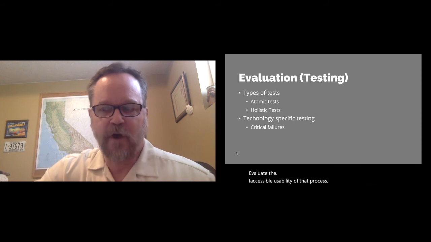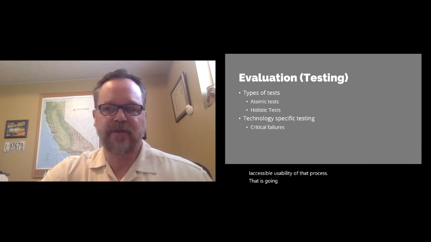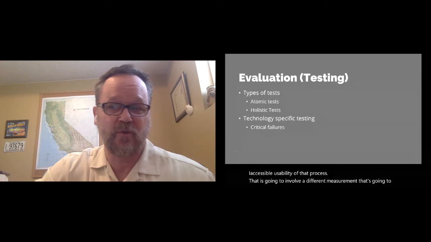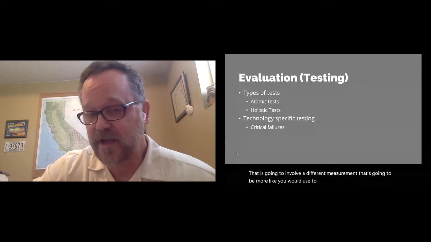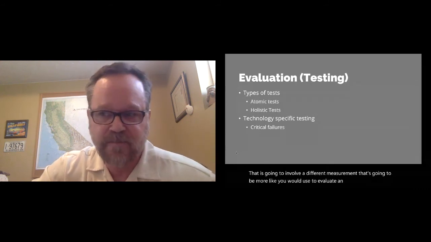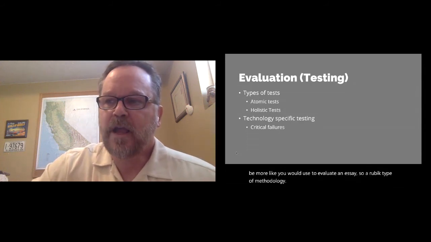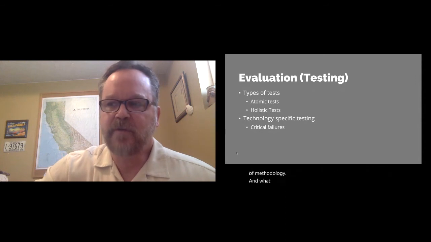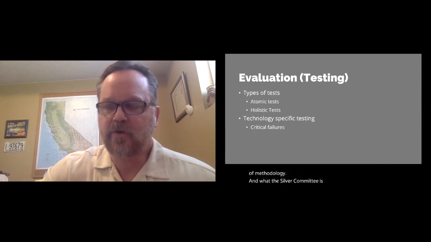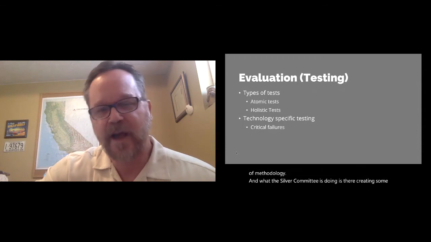That is going to involve a different measurement, more like you would use to evaluate an essay. So a rubric type of methodology. And what the Silver Committee is doing is creating some really detailed examples of how to do that.